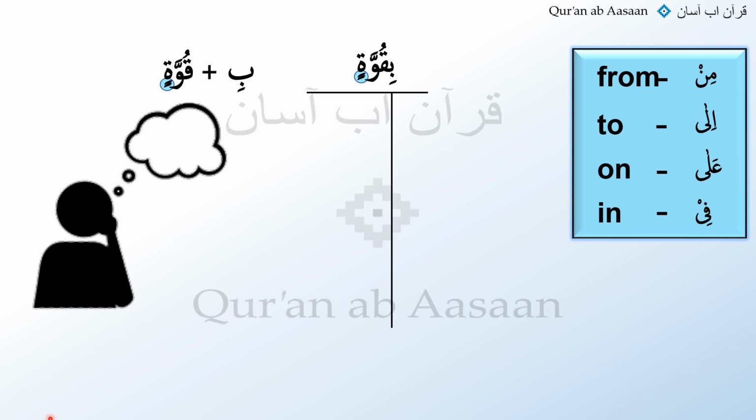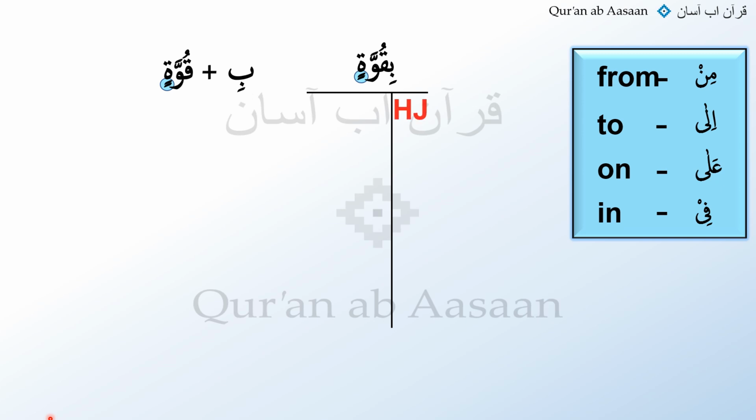So now B is harf jar. قوة, now analyze it: noun, singular, female, common, jar, because of B. Good. All right, are we missing something? We have established that B is harf jar and بقوة is a murakkab jari. Are we missing anything?